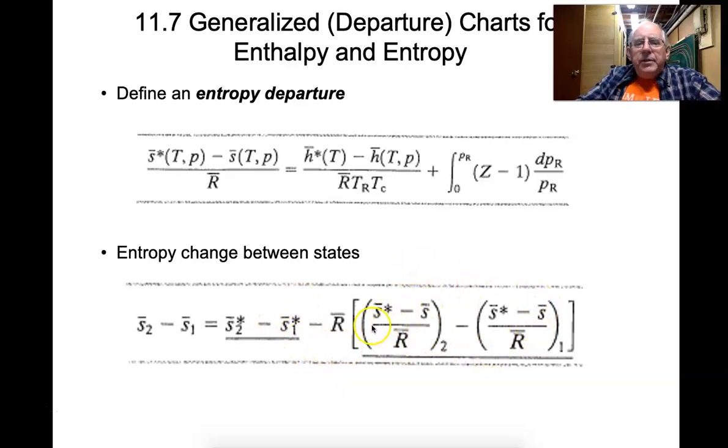But then we would go into our departure charts to determine this value for the incoming condition 1, this value for the outgoing condition 2, take the difference, multiply it by R bar, and then that is how we correct the ideal gas value.